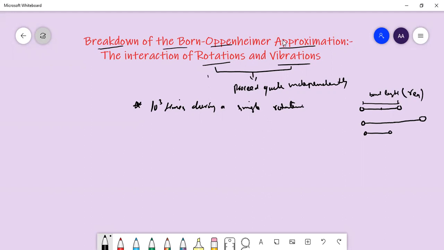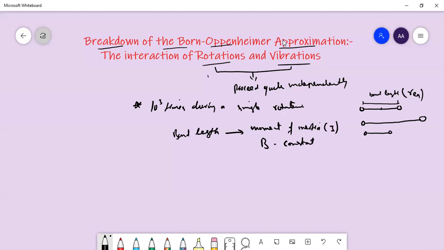Now, what will happen when your molecule vibrates and the bond length of that molecule changes? We know that the bond length is directly related to the moment of inertia, that is I, and another important quantity, B, which we usually know as the rotational constant.